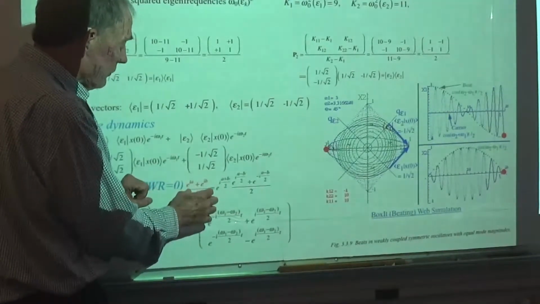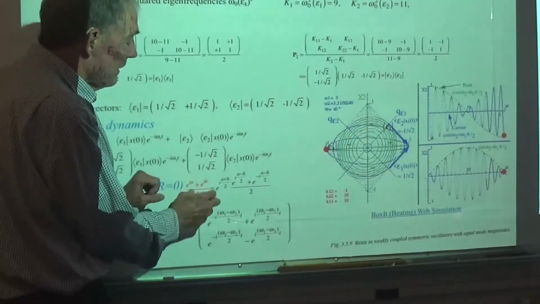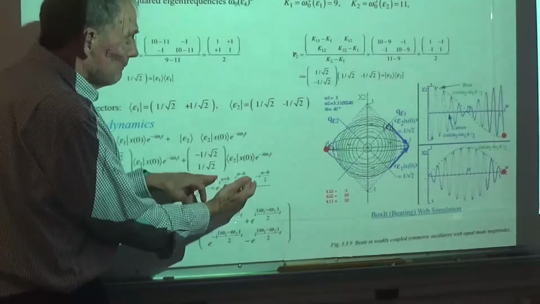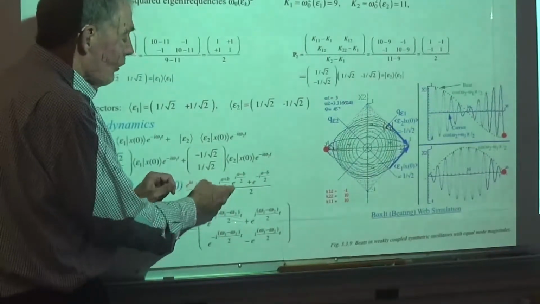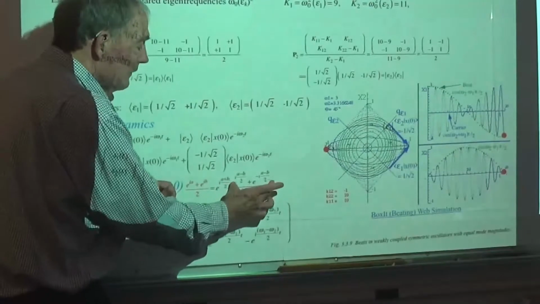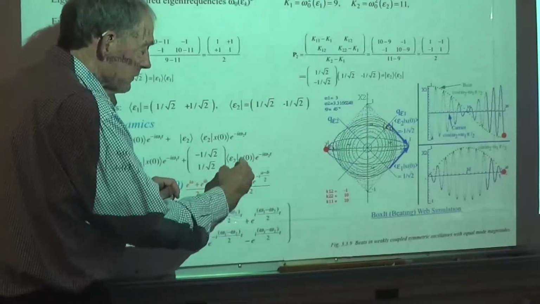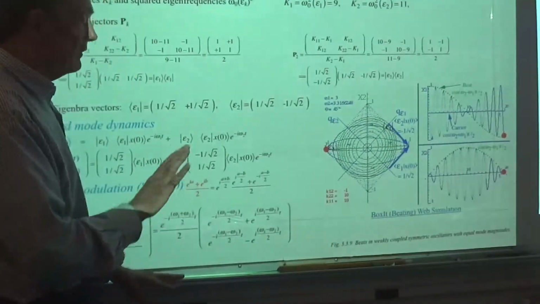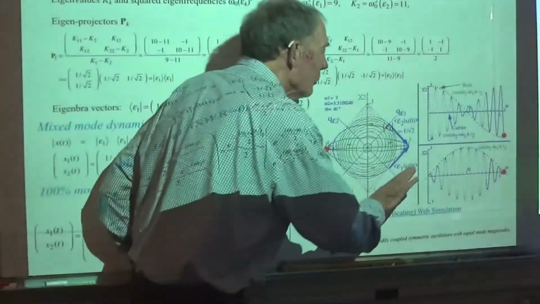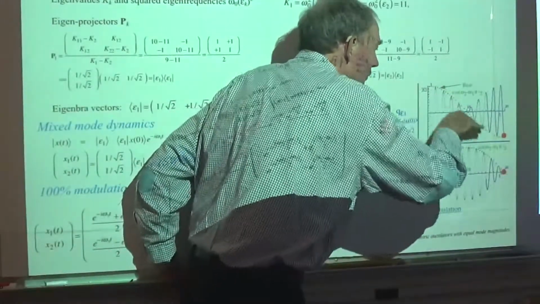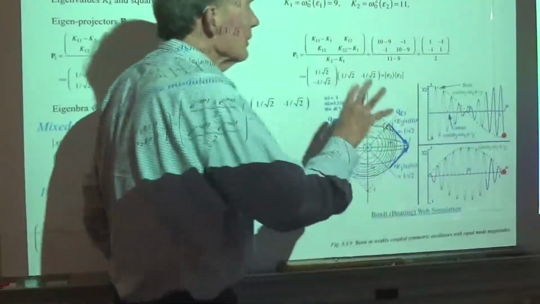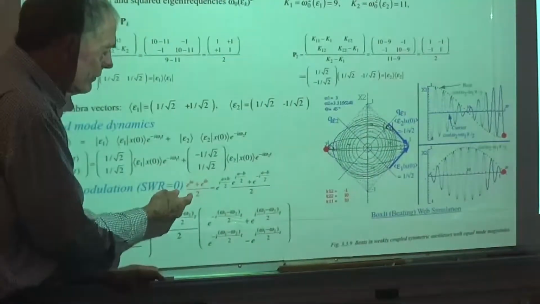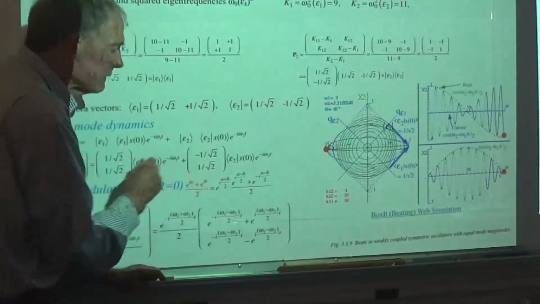So this is what you're going to see. You're going to see this sum become a product of an overall phase and then something that's real, something that has a shape to it, that has a cosine shape. The group shape here is cosine. Okay, the thing that determines the envelope of all of the oscillation that's contained in this thing.